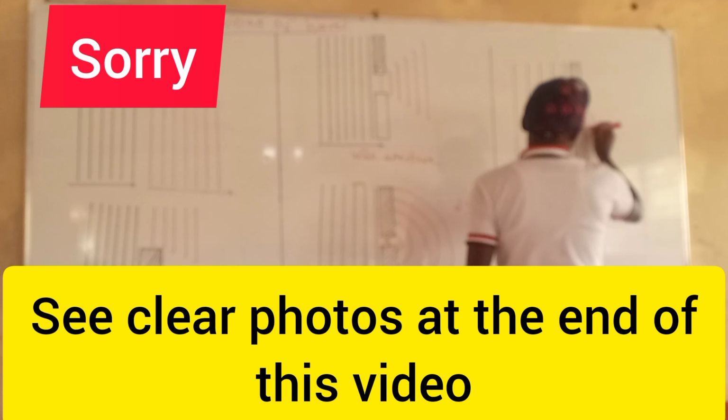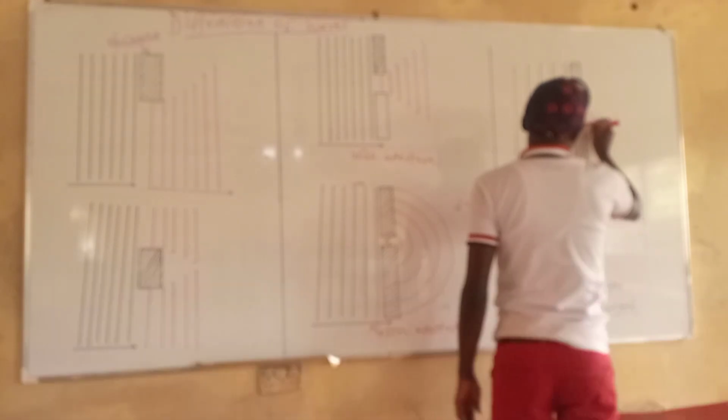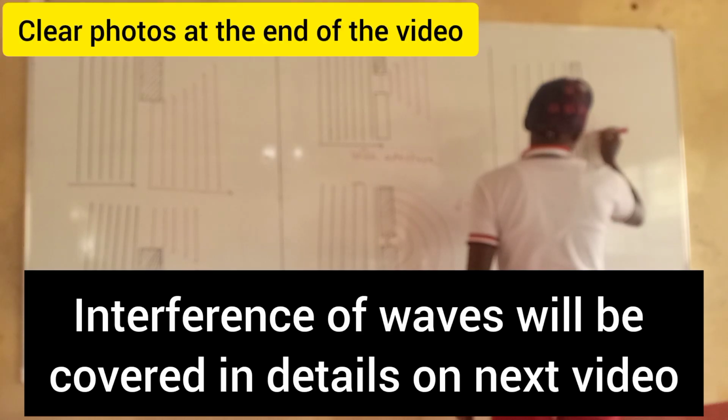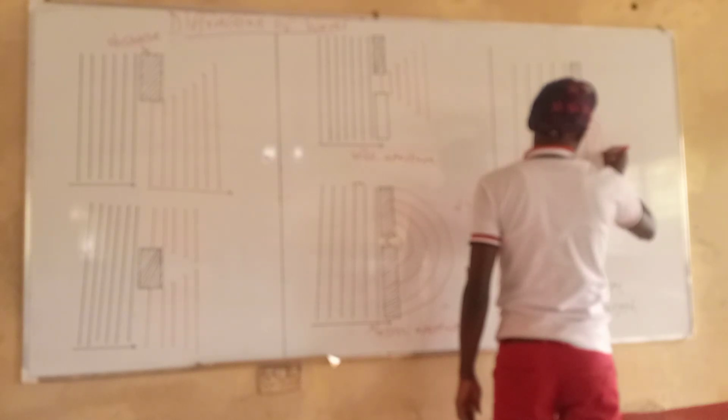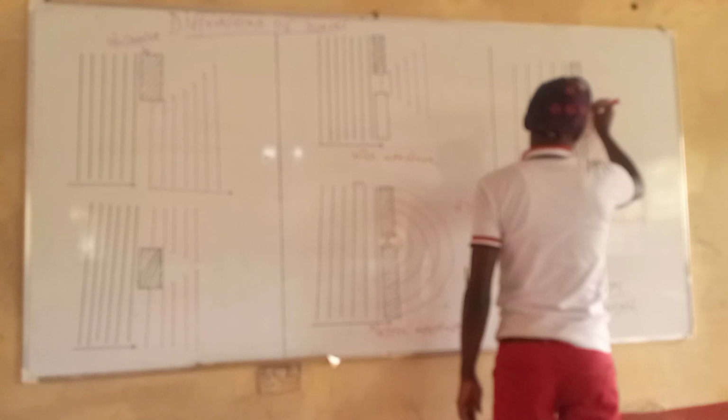For the second wave, we have another one. For the third wave, another one there. Then we have another one for this side.